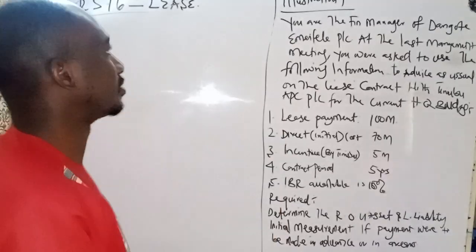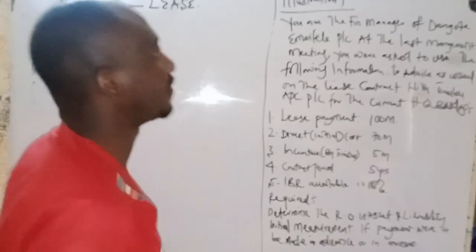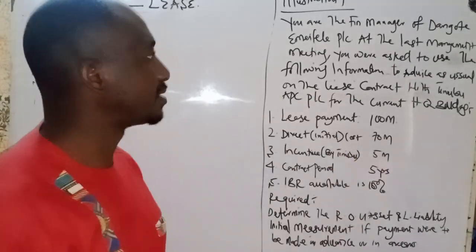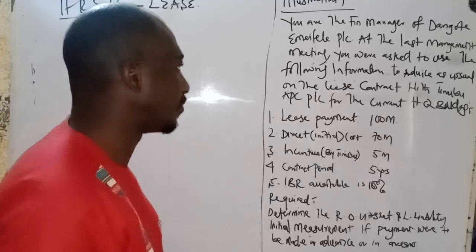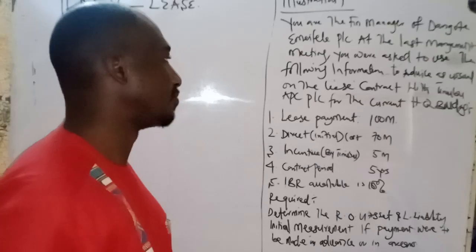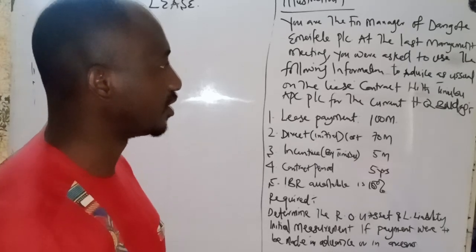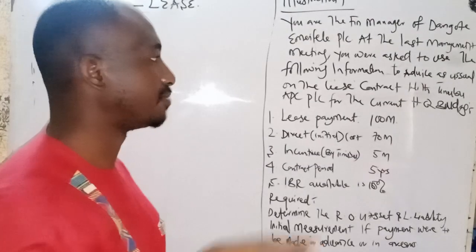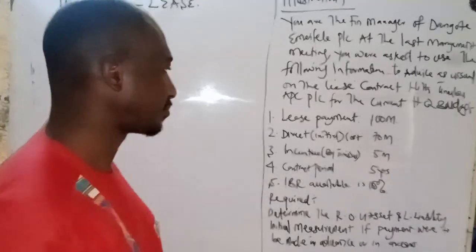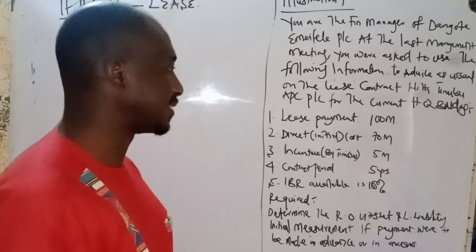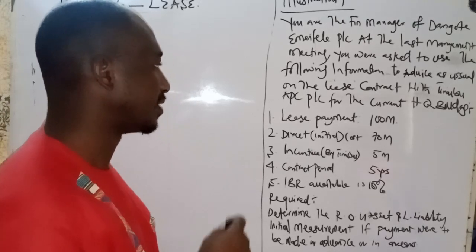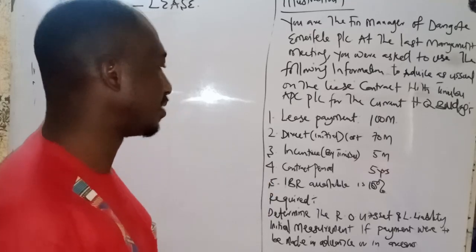Let's read this illustration. Illustration 1. You are the financial manager of Dangote Emefiele PLC. At the last management meeting, you were asked to use the following information to advise, as usual, on the lease contract with Tinubu APC PLC for the current headquarter building. Number 1, there is a lease payment of 100 million. Number 2, direct initial cost of 70 million. Number 3, we have incentives of 5 million.